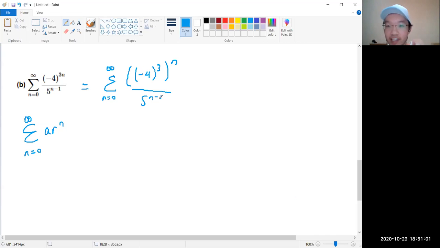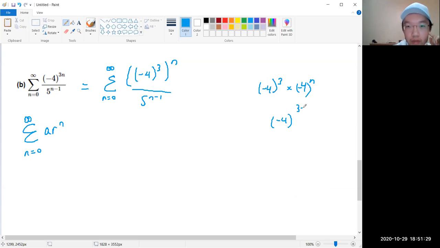Wait, that's what you meant, right? Oh, wait, no, that was someone else. Okay. Actually, Yosef, what you wrote isn't quite right. So what you have is -4 to the third times 4 to the n. This isn't quite the same because if you were to combine these, this is actually -4 to the 3 plus n, not 3 times n.